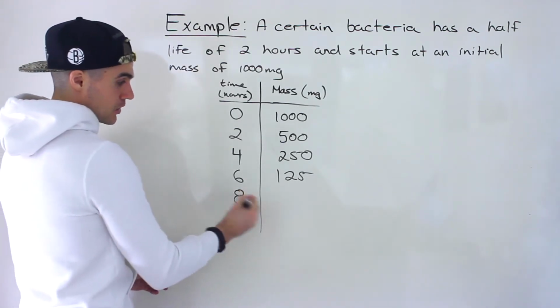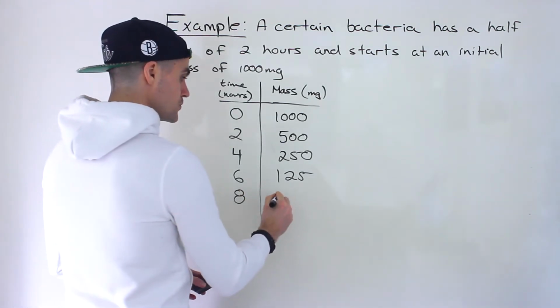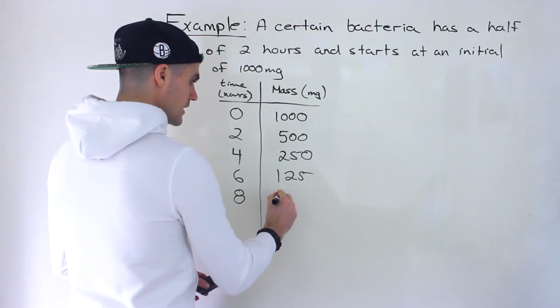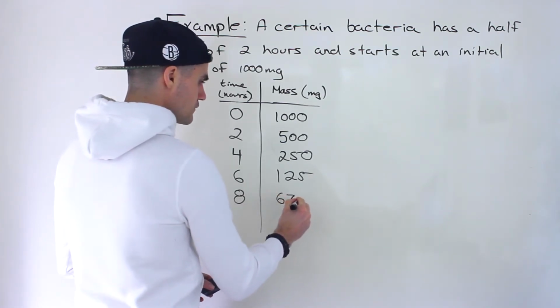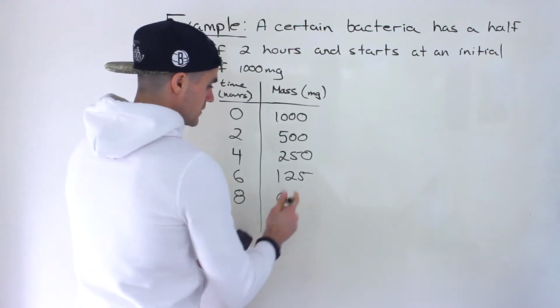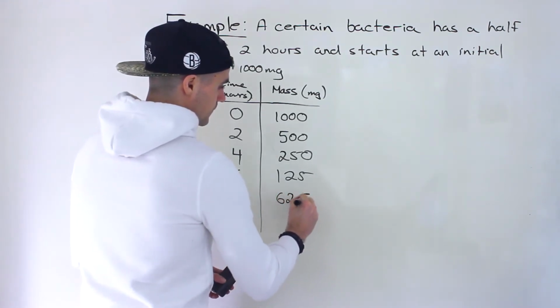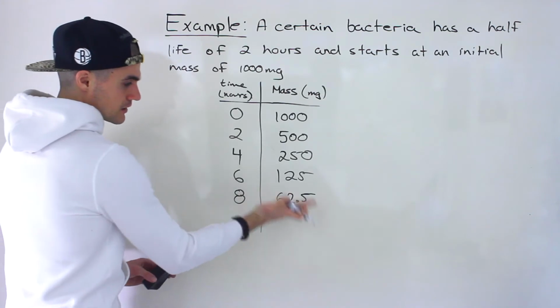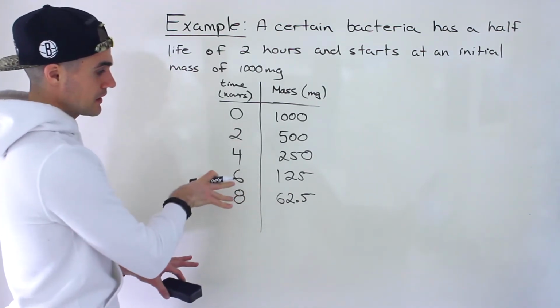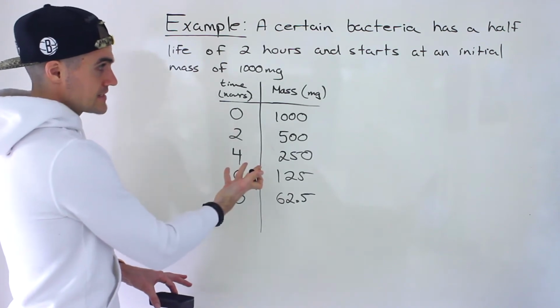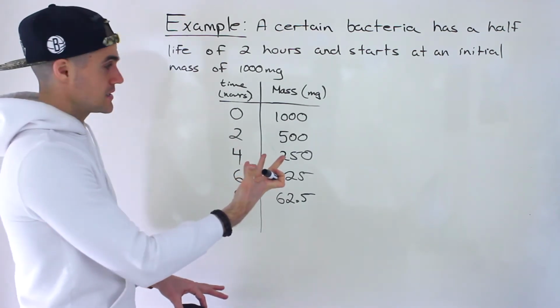At the 8-hour mark, it's going to be, what, 67.5? No, 62.5, sorry. Et cetera, and you would just follow that pattern. So that's what's happening in a table with this bacteria.